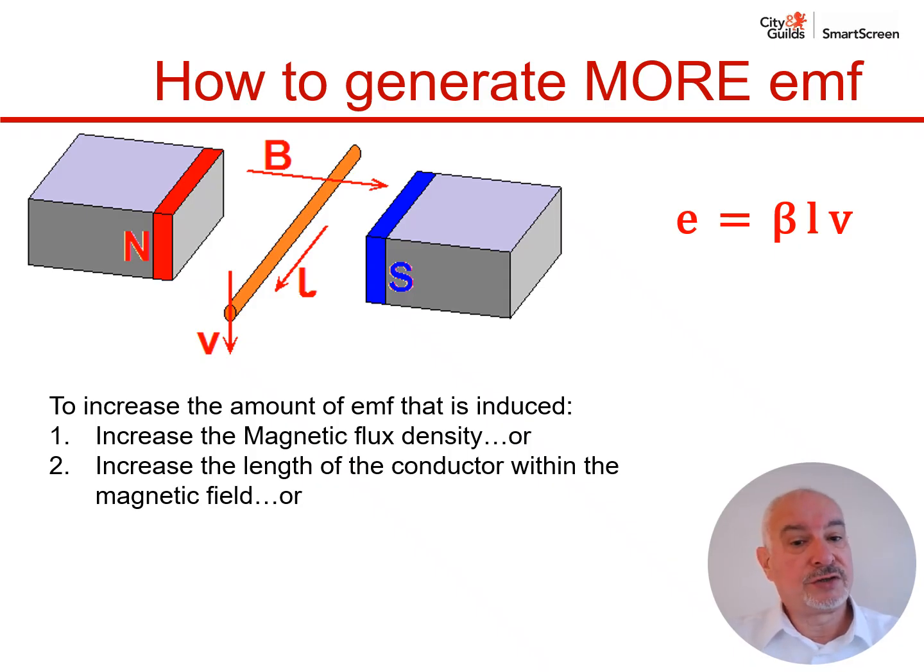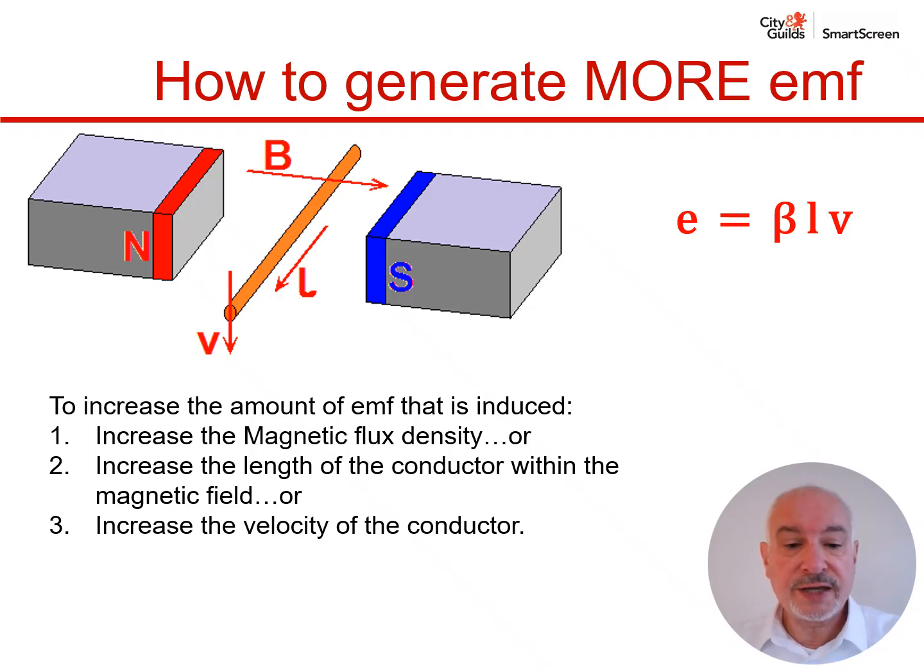On this occasion, we've already got the magnetic field, but by winding the conductor into a coil, we increase the length of conductor that can be contained within that particular space between the two magnets in that magnetic field. So it's a very effective way to significantly increase the length of the conductor within that magnetic field, wind it into a coil.